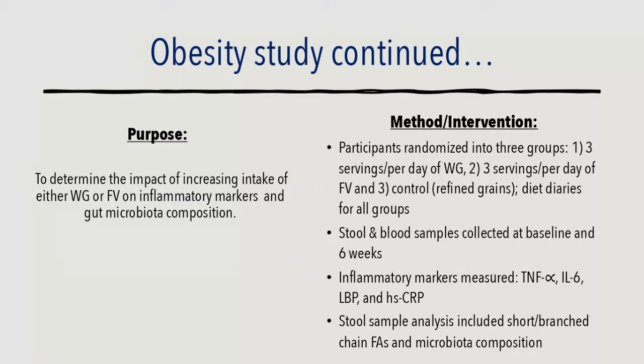Stool and blood samples were collected at baseline and at 6 weeks. Inflammatory markers were measured, being TNF alpha, interleukin-6, LBP, and hsCRP. Stool sample analysis did include short-chain fatty acids and microbiota composition.